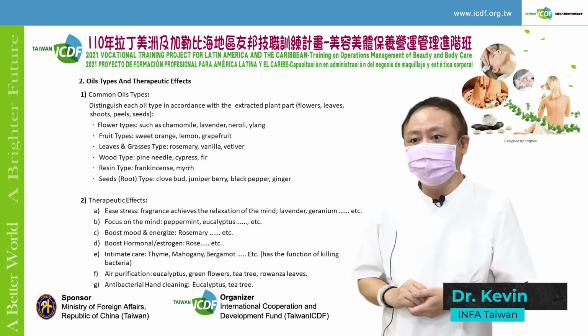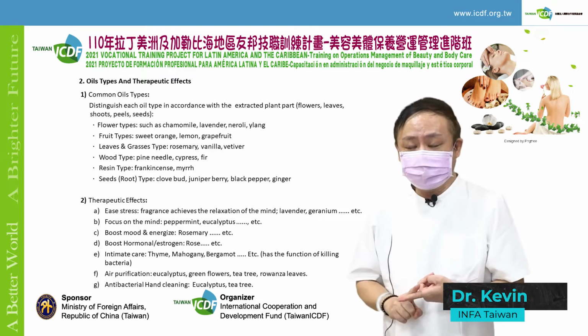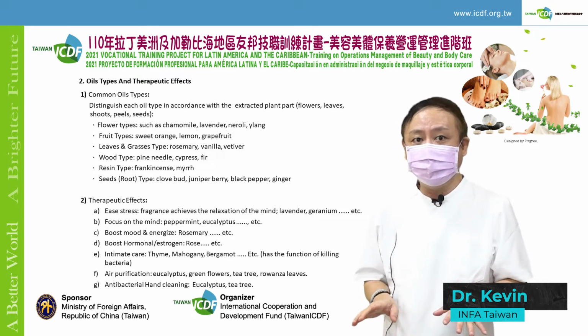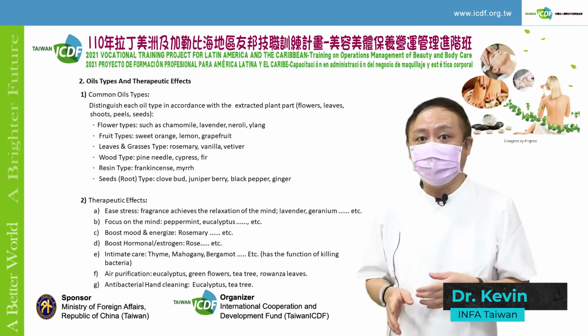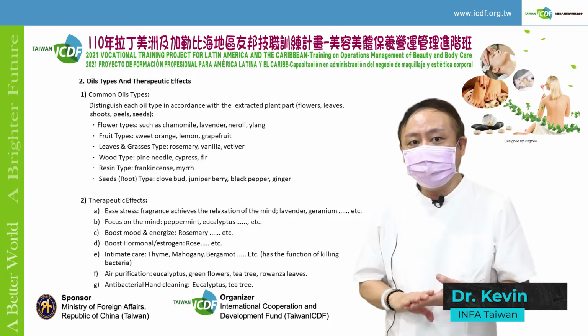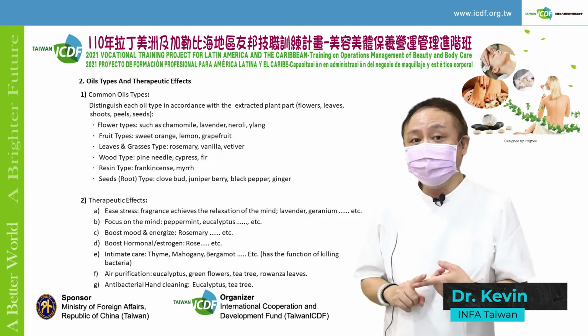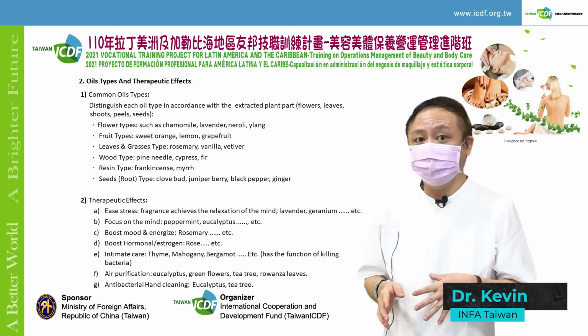What do we usually use? We'll use thyme, because it's antibacterial, but it wouldn't hurt our cells or our immune system. So now we don't really use chemicals to kill bacteria. We'll use essential oil, something natural, to kill bacteria.